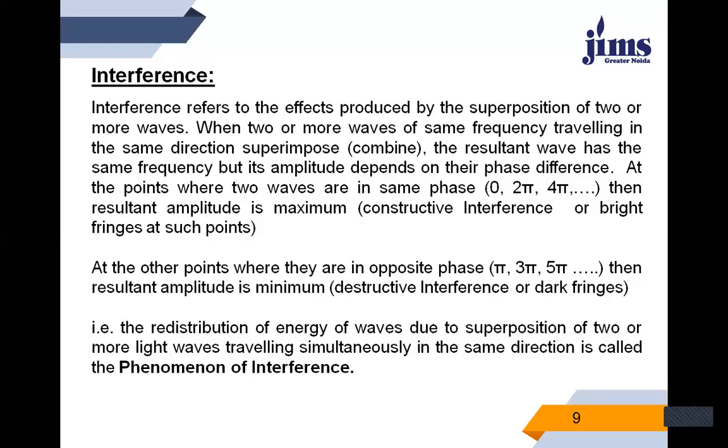Therefore, interference can also be defined on the basis of energy: the redistribution of energy of waves due to superposition of two or more waves traveling simultaneously in the same direction is called the phenomenon of interference.